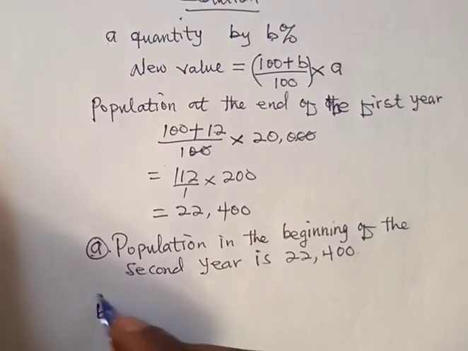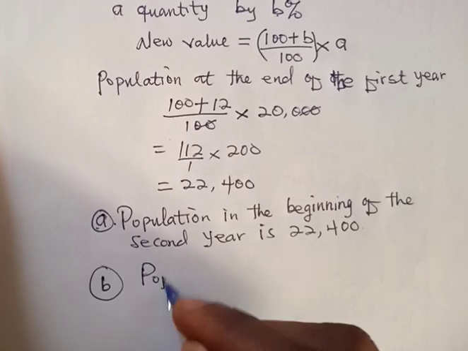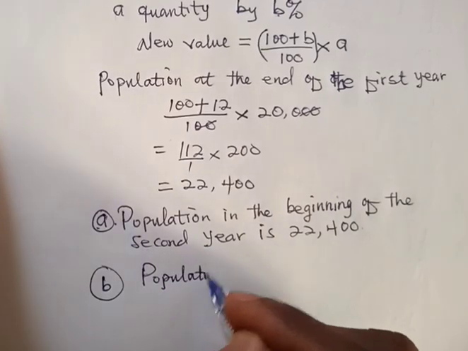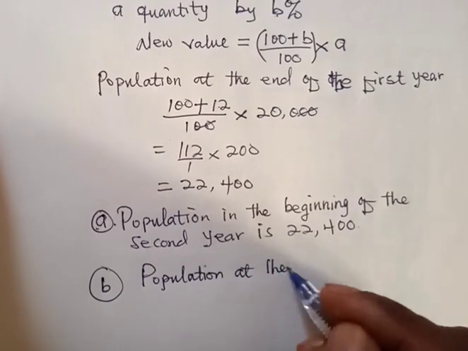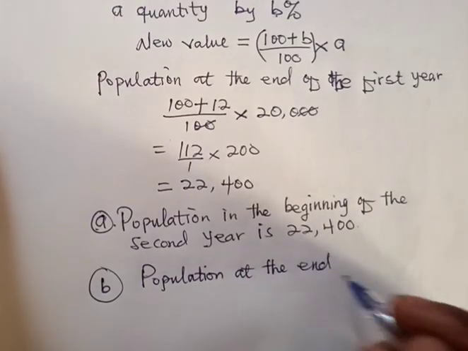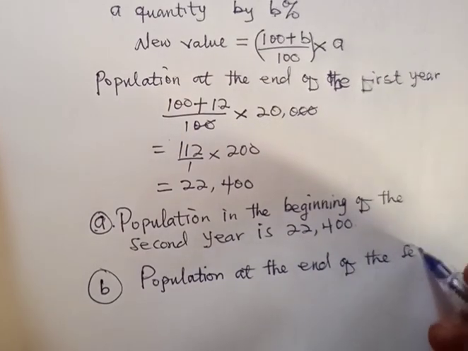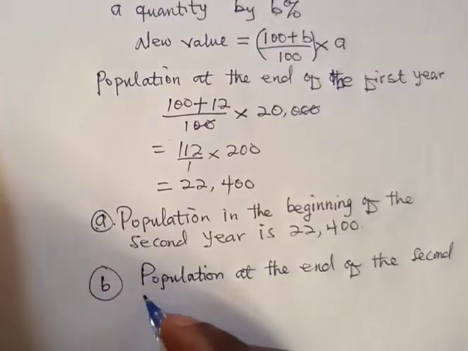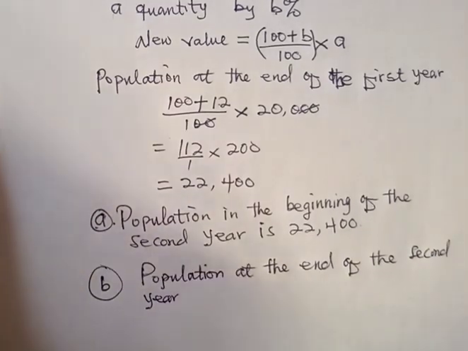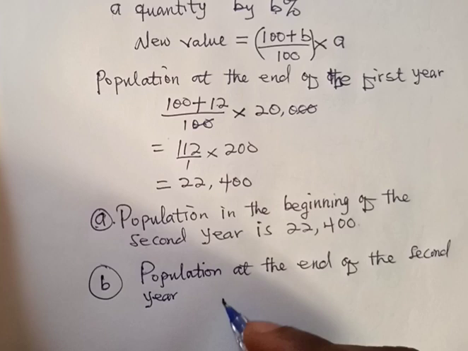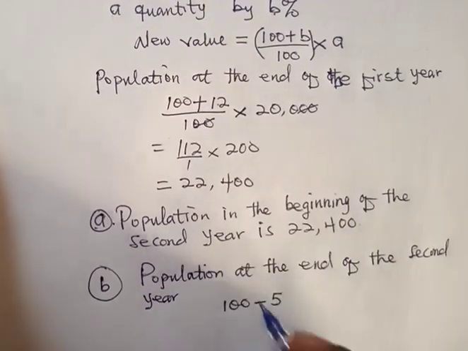Then let me write my B, that is the population at the end of the second year. And that is given as what? So I'm going to write 100 minus 5 because we are saying it was reduced.